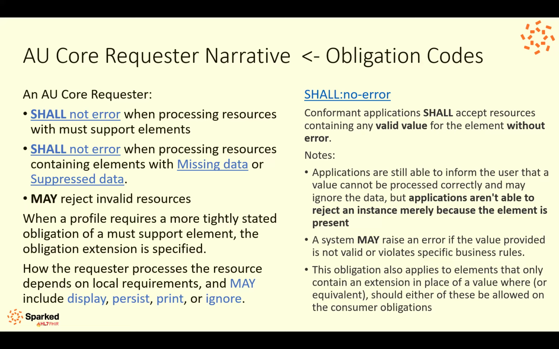It is not rejecting merely because the element is present, but if it is in violation to your profile, then you're allowed to reject it because of the second dot point. I think the clarification is there. So if I want to reject stuff, I have to construct a profile that advertises my grounds for rejection.